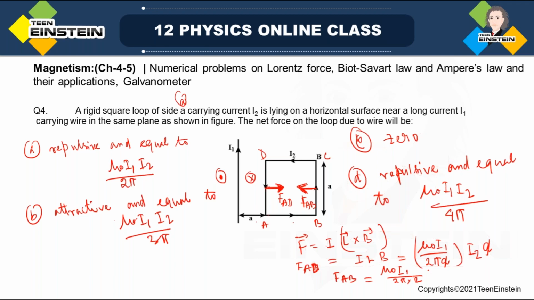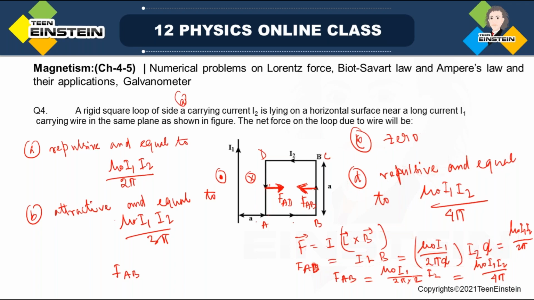The A gets cancelled, so you get mu 0 I1 I2 by 4 pi. This is the magnetic force on this side, FAB. But in the case of FAD, it is mu 0 I1 I2 by 2 pi.